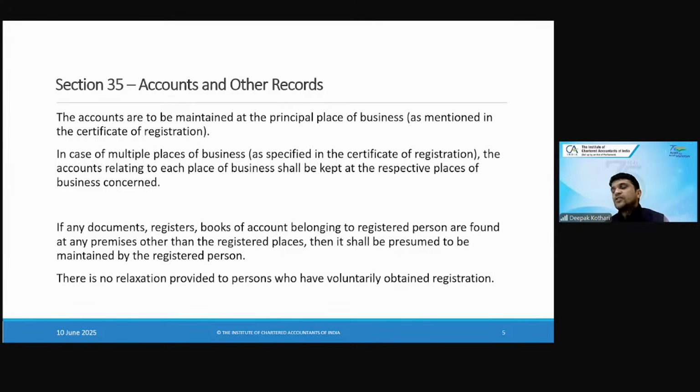Say you have a showroom in the main city, and in B city or grade 2 cities, you have additional branches. For each of those branches, the records have to be maintained at that branch itself. So for anything related to a fixed establishment where you're doing your transactions, those books have to be maintained at that fixed establishment itself.